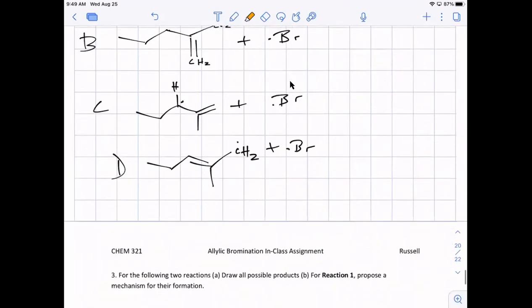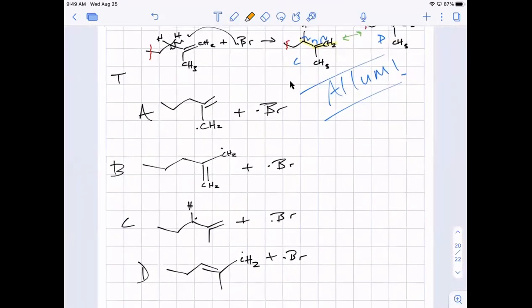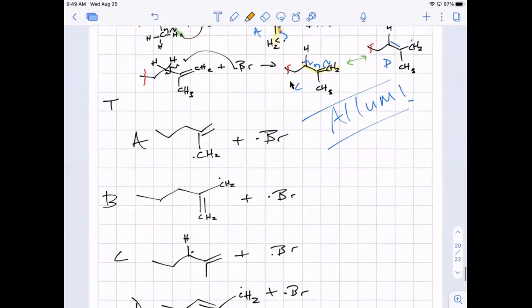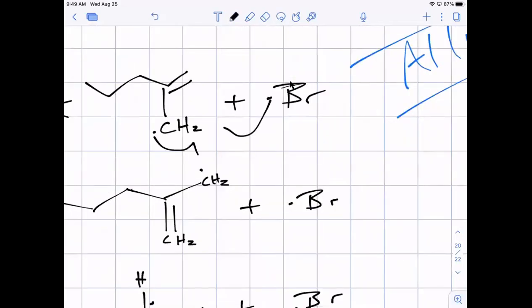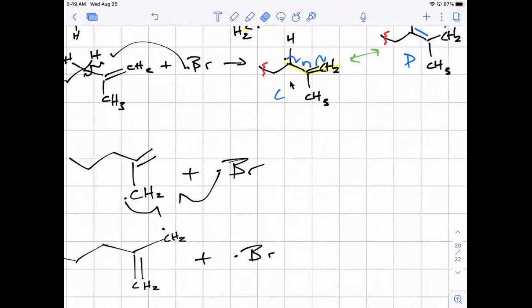All right, so now I just need to terminate these, and I'm going to show the first one. So now I'm going to take this radical and this radical. We're going to bring those two together. So that product is going to look like this, CH2Br.